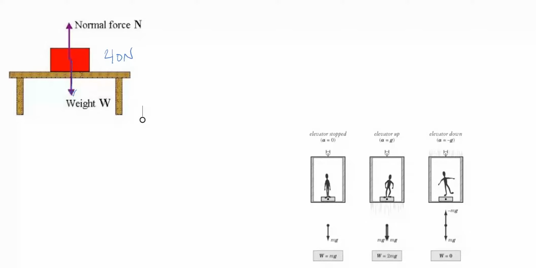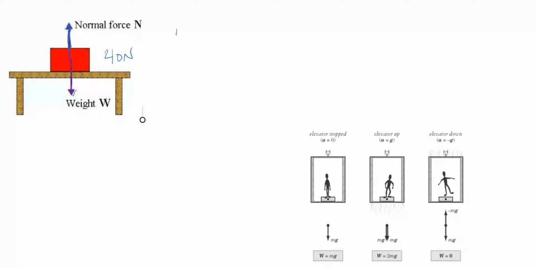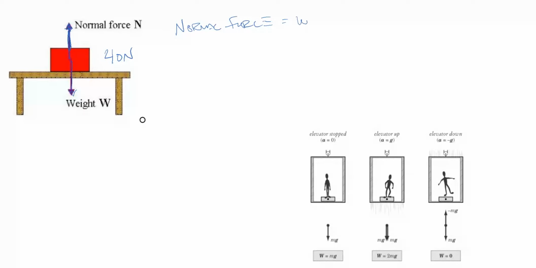So the normal force is pushing back up at an equal force to that of the weight. So when it's sitting still, the normal force is equal to the weight.